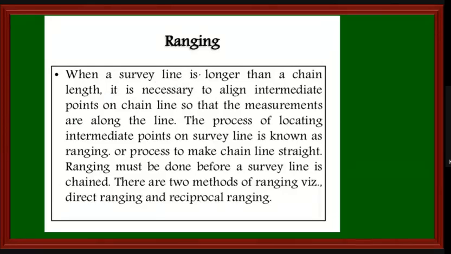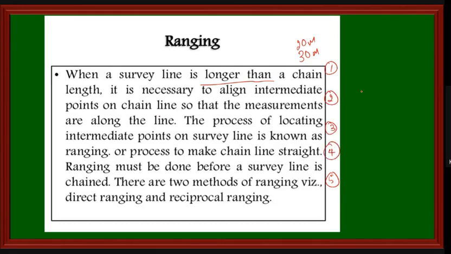See, when the survey line is longer than a chain length, it may be a 30-meter chain or 20-meter chain, longer than the chain length, it is necessary to align intermediate points. Here this is roll number 1 and this is roll number 5. Intermediate points means roll number 2, roll number 3 and roll number 4.